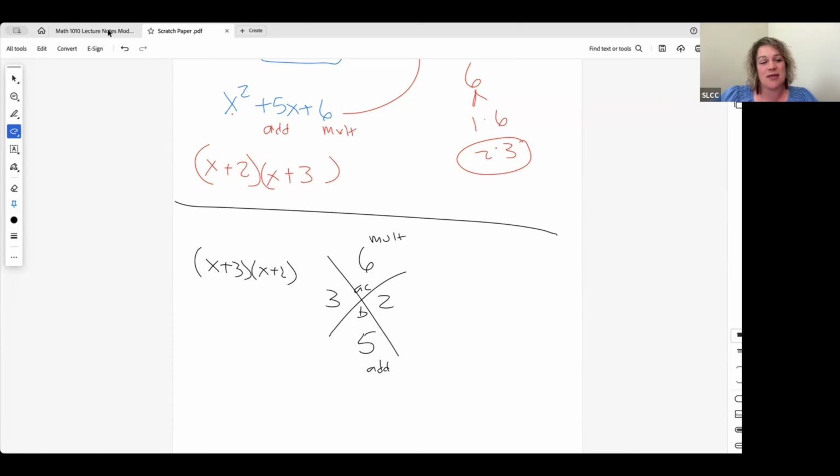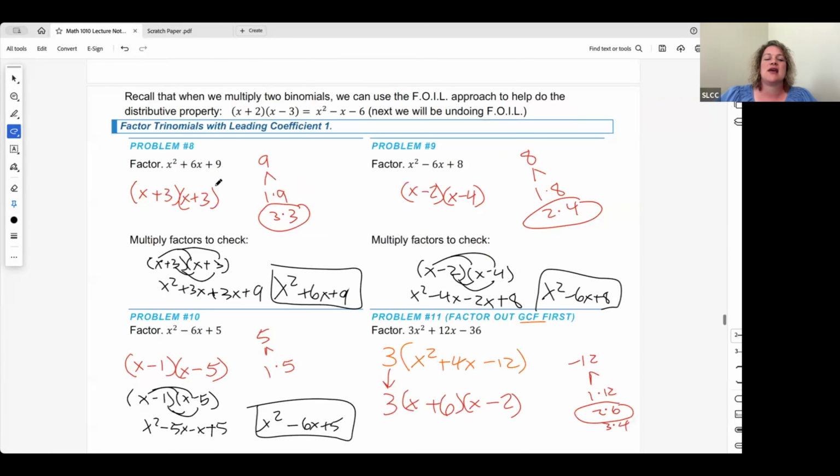You can do the x method on any one of these. If I were to start out and say, hey, x method, AC is 9, B is 6, what multiplies to give me 9 and adds to give me 6? 3 times 3, and I'd plug that into my template. Same thing here.